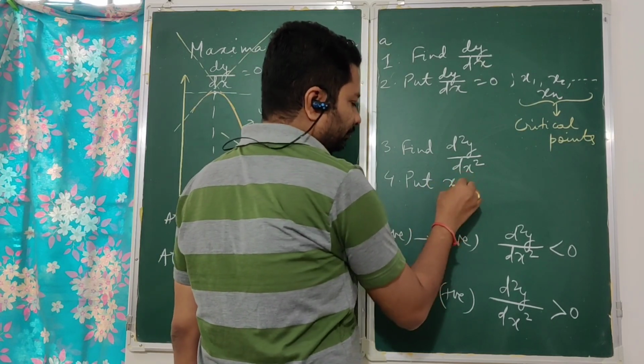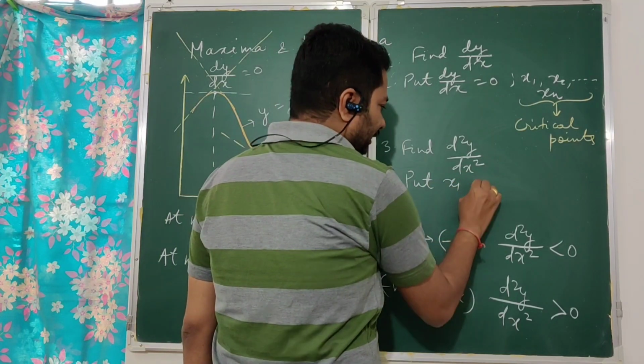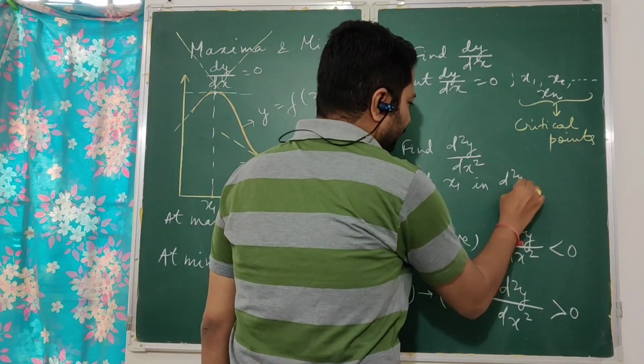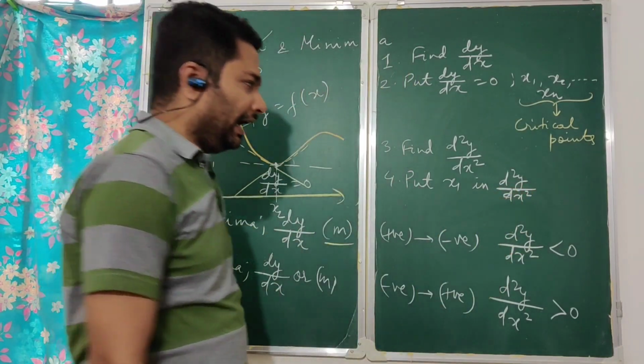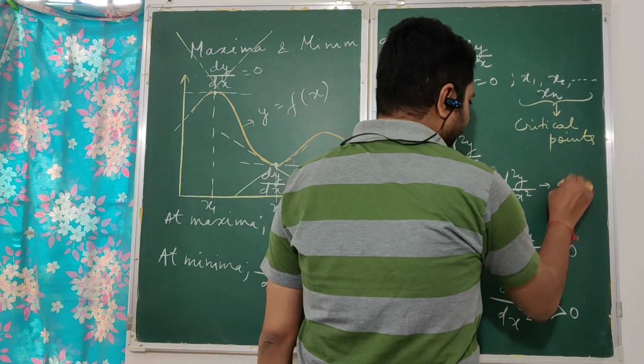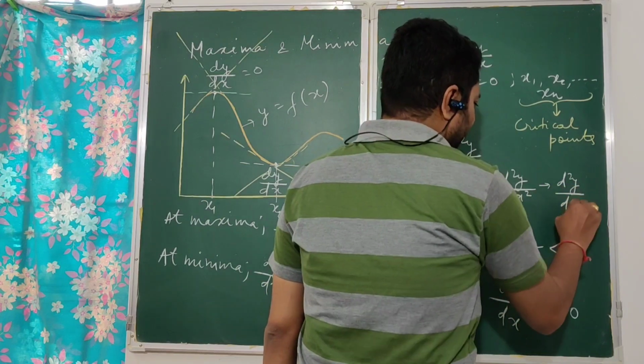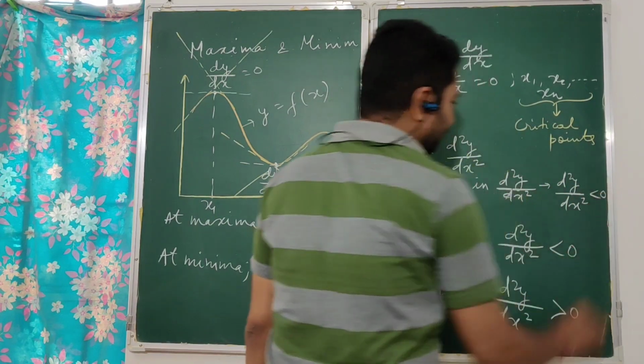Fourth step, put x1 in d square y by dx square, and after putting, suppose you are getting less than 0.